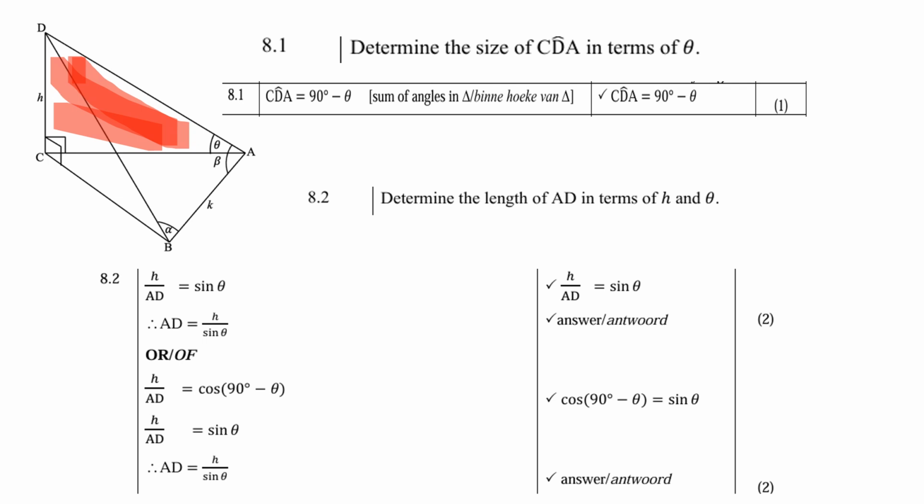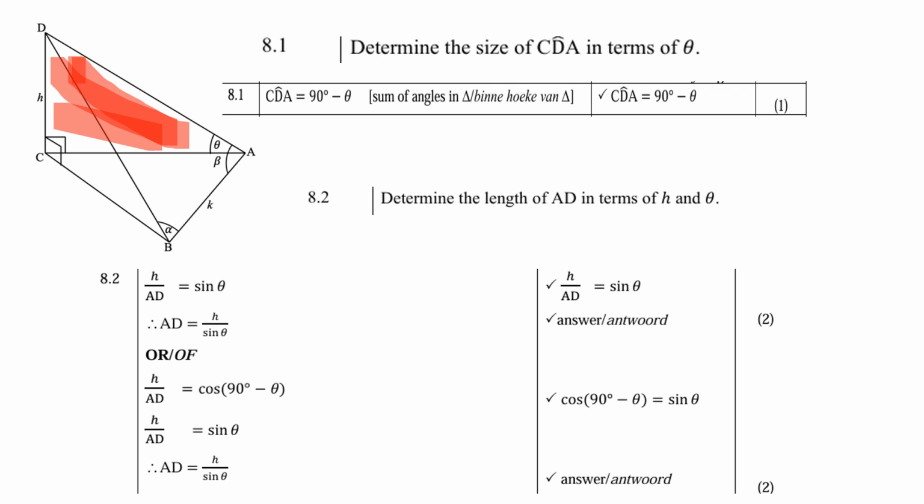Then 8.2, determine the length of AD in terms of H and theta. Now look where is H, look where is theta, and look where is AD. It's still part of that very same triangle at the back. So let's use that triangle involving H and theta.